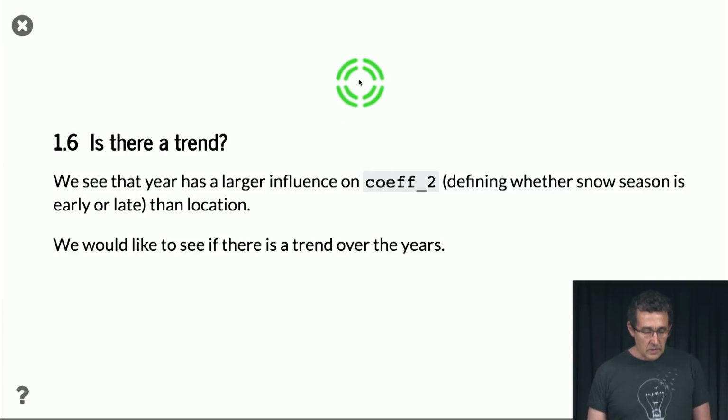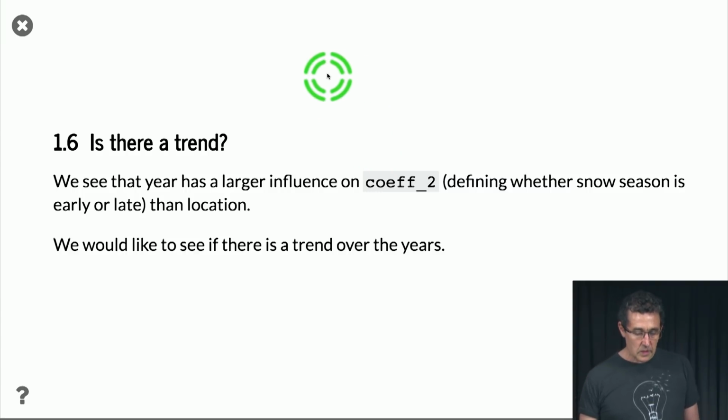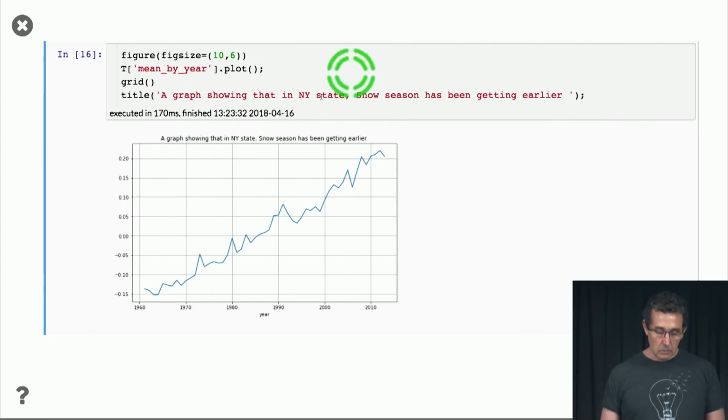So one thing that is interesting to do with this model, we can think about it as a model of the influence of the year, a model of the influence of the station. And we can look, is there a trend in terms of the years? We know the years are important, but are they important just randomly going up and down, or is there a general trend? So here is a little plot of basically the vector.